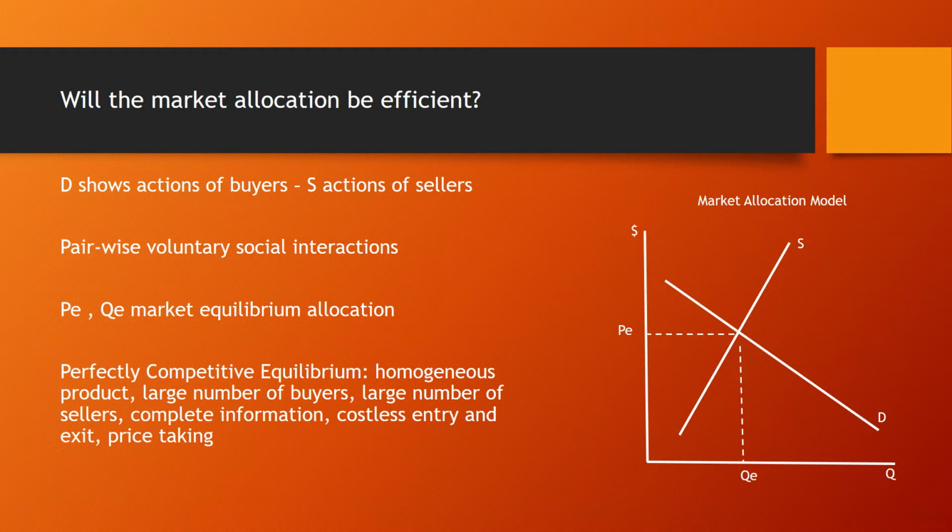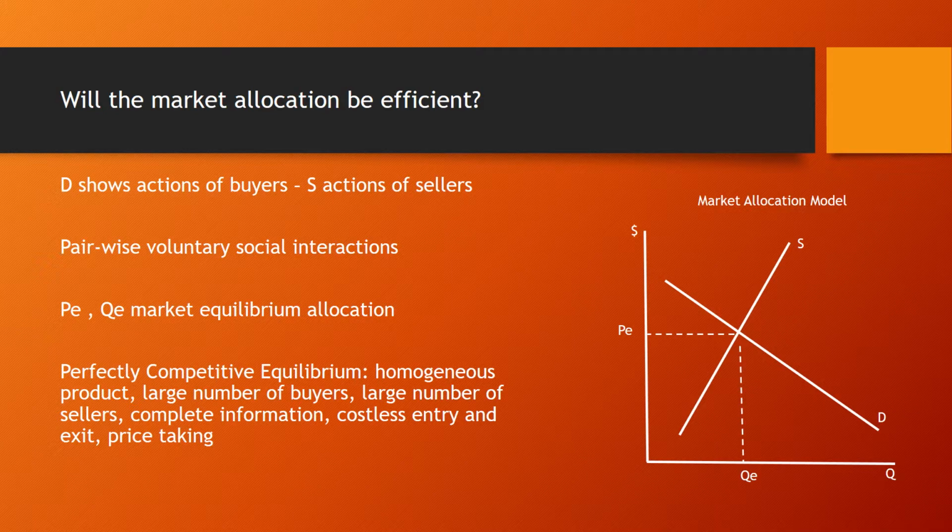Now, before answering the question of whether this market equilibrium quantity QE is efficient or not, I want to remind you of the characteristics or the conditions of perfect competition. The first is that there is a homogeneous product. Every seller is selling the identical product, the same thing. There's a very large number of buyers, also a very large number of sellers.